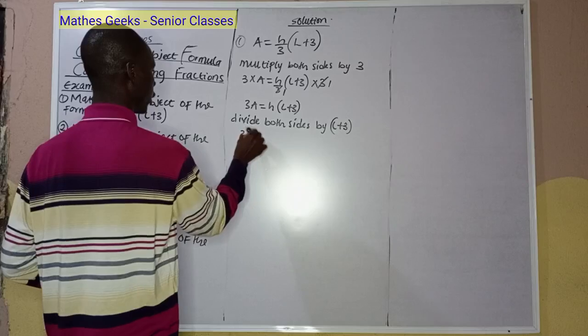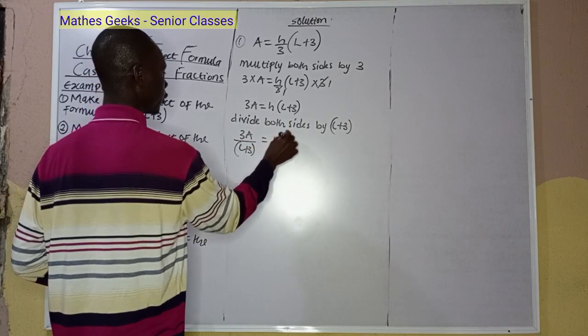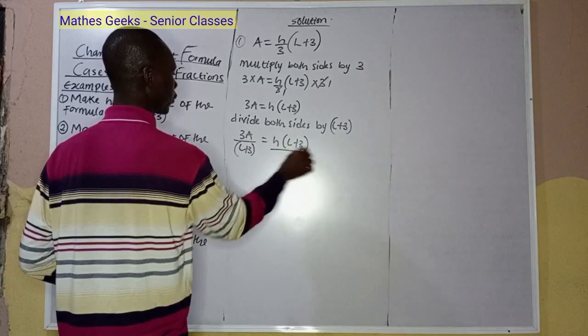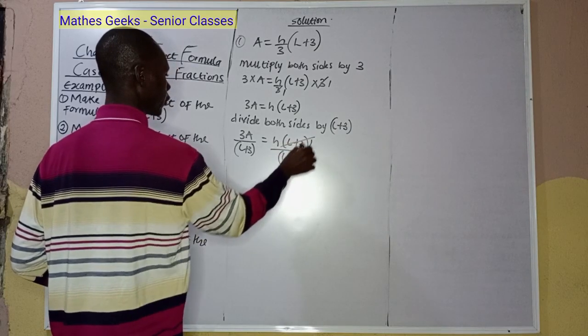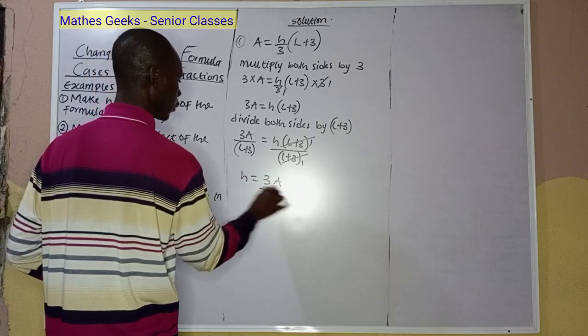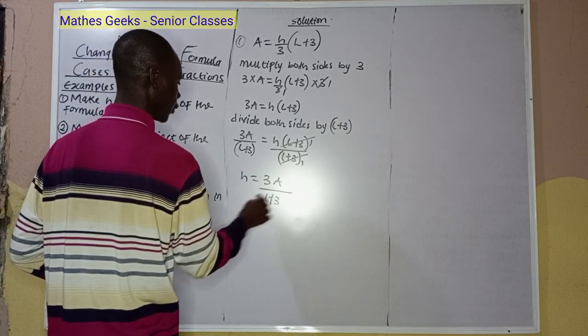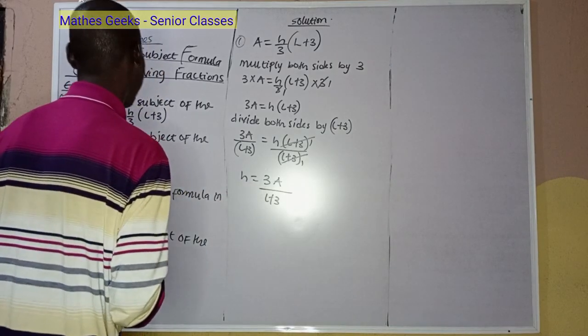So 3a over L plus 3 is equal to h(L plus 3) over L plus 3. So this will cancel, and h is equal to 3a over L plus 3. This will make h the subject of the formula.